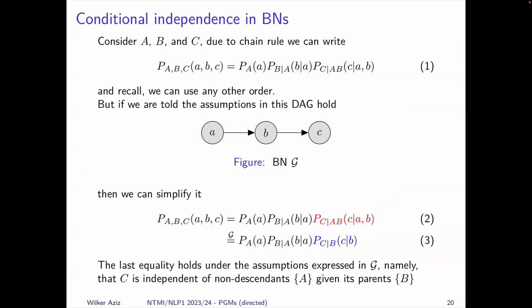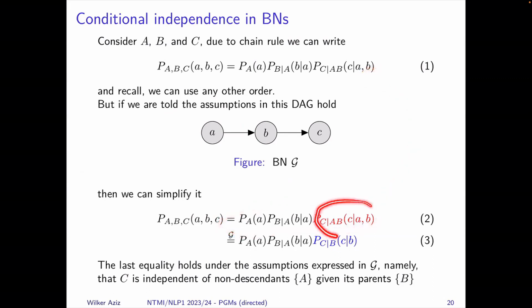Conditional independences in Bayesian networks. So consider A, B, and C, and due to chain rule, we could write the identity number 1. That's just an application of chain rule where I chose to enumerate A first, B next, and C last. But if I were told that the assumptions in this specific DAG hold, then I can simplify the first identity. All right, so here the second identity is just a copy of the first.